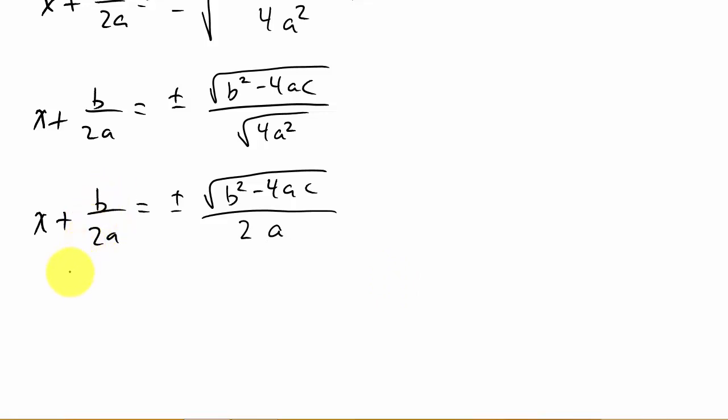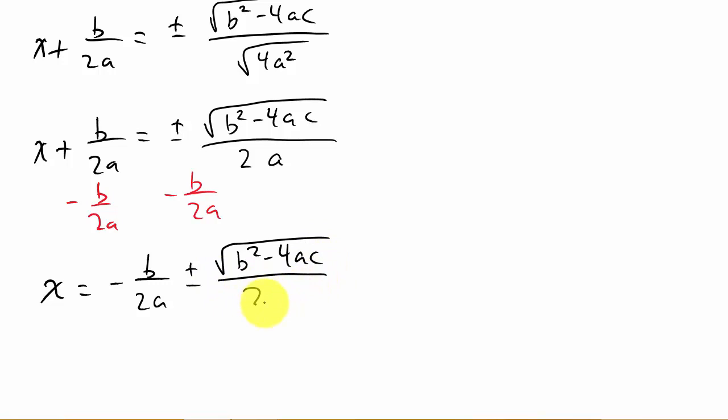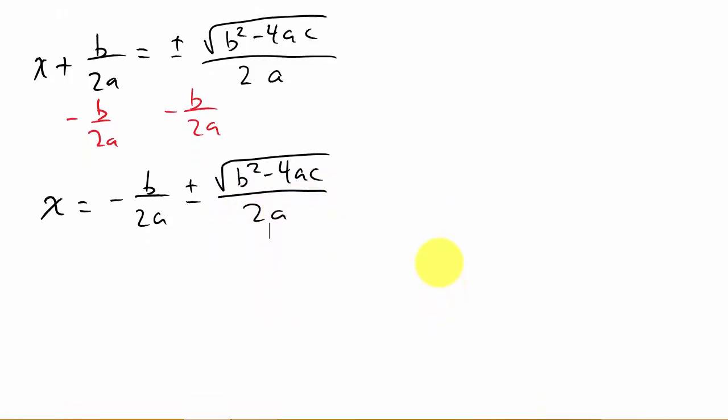Now we just subtract b over 2a from both sides, and so that's going to leave me with x equals negative b over 2a plus or minus the square root of b squared minus 4ac all over 2a.